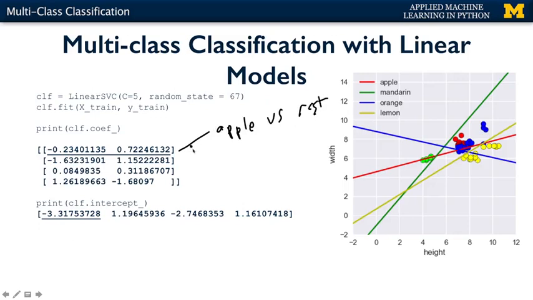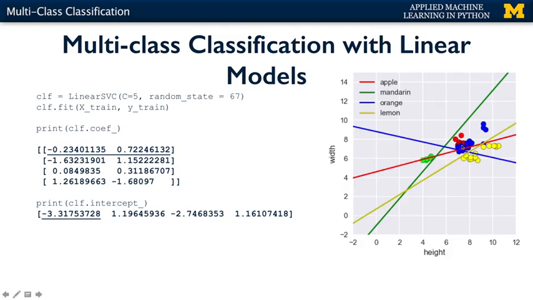And so this pair of coefficients and this intercept define a straight line. In this case, it's this. So the apples in this visual are the red points. And so the coefficients of the apple model define a decision boundary, a linear decision boundary, that's marked by this red line here. And if you plot it out, you'll see that indeed it has an intercept of -3.